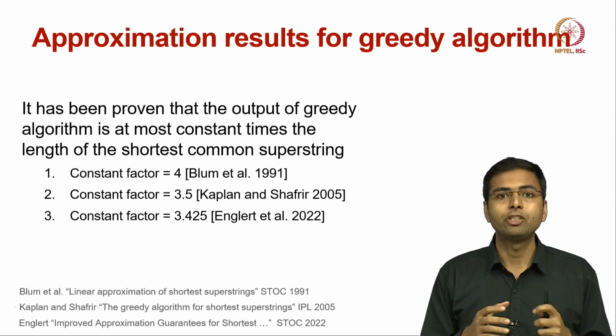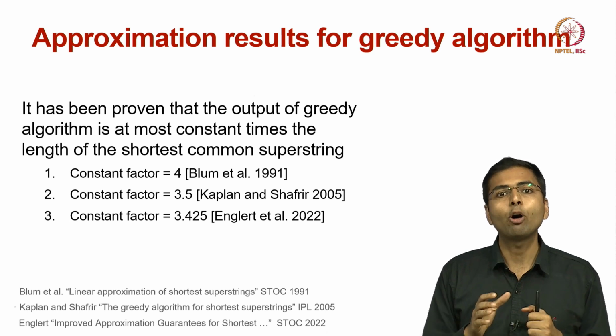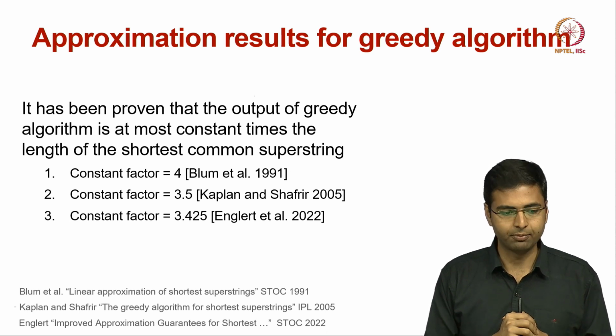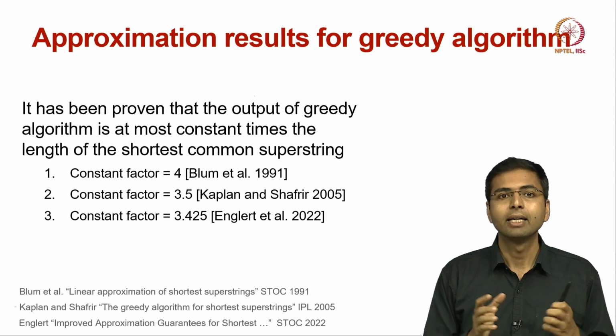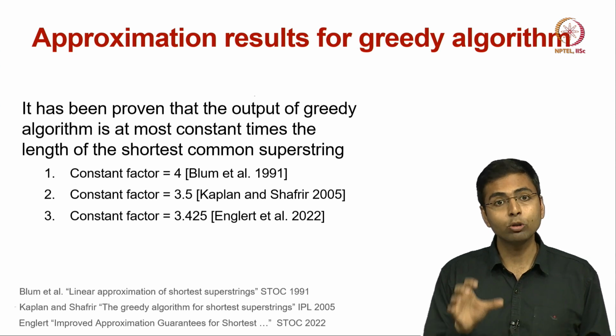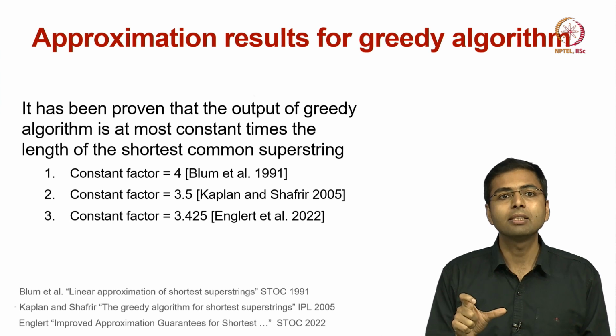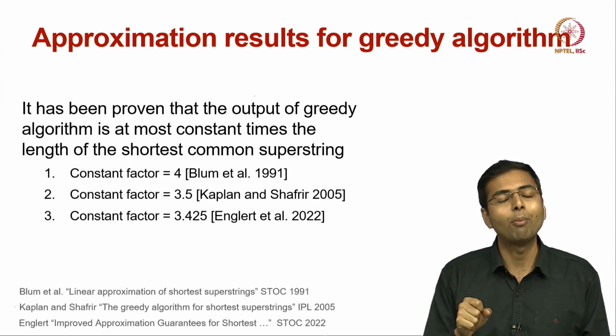So, in computer science literature, we have several approximation results for the greedy algorithm. It has been proven that the output of greedy algorithm is at most a constant times the length of the shortest common superstring.